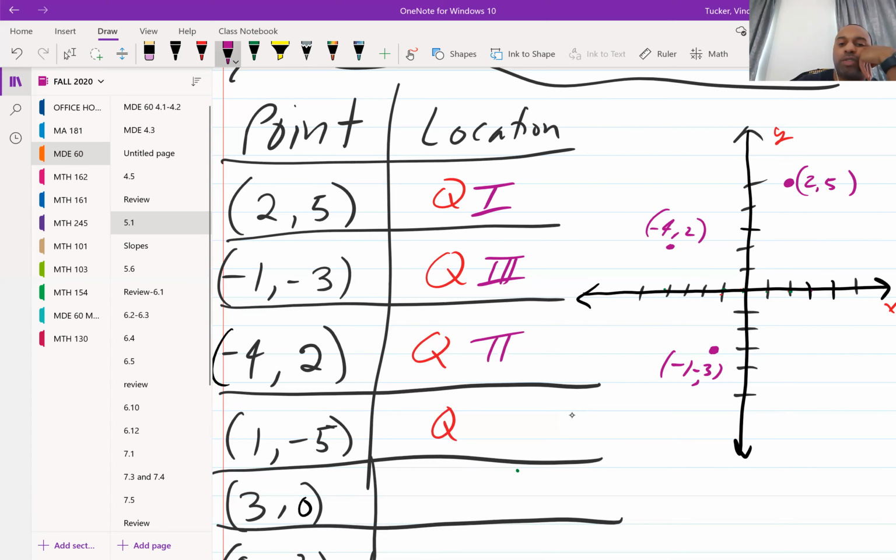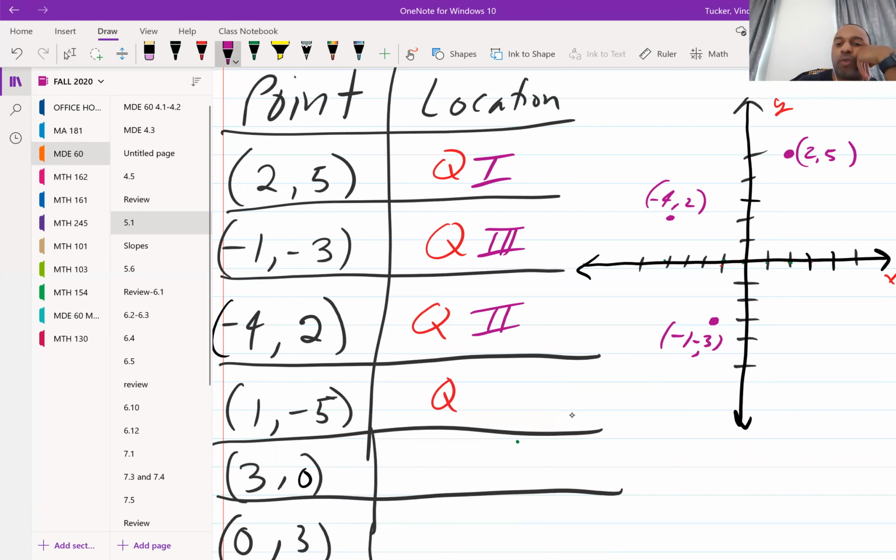That puts me in quadrant 2. Then go back to your origin, go to the right 1, down 5. And that puts you in quadrant 4. So before we go any further, try problems with those 4 points.